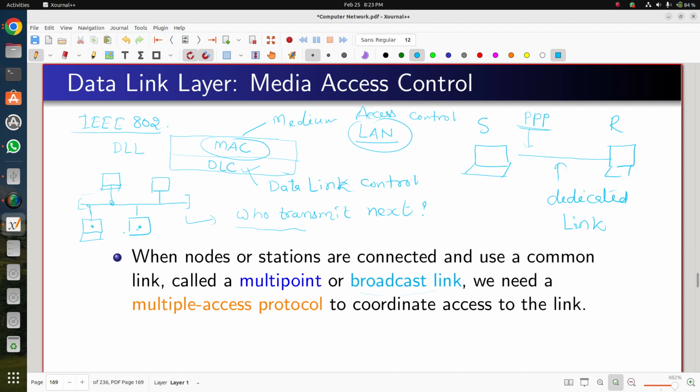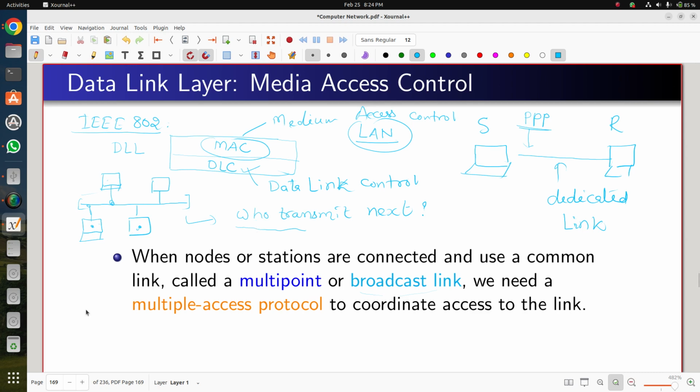To avoid collision, we need to regulate who will transmit next, so that only one party transmits at a time. If two parties transmit simultaneously, their communication will go to waste due to signal collisions.